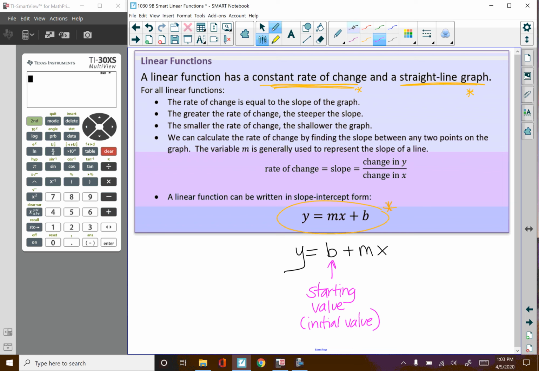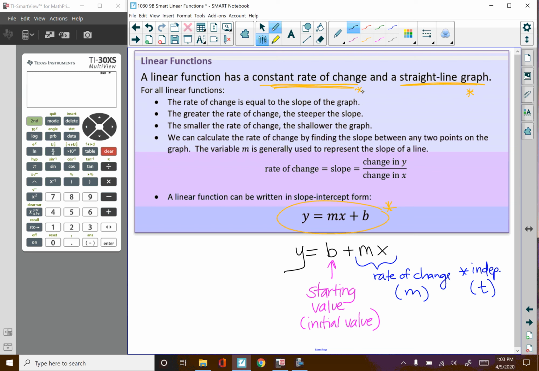And then this other term represents how it's changing. So it would be the rate of change, which is m, multiplied by the independent variable, which when we are working with these equations, most of the time we will use the independent variable t instead of x.